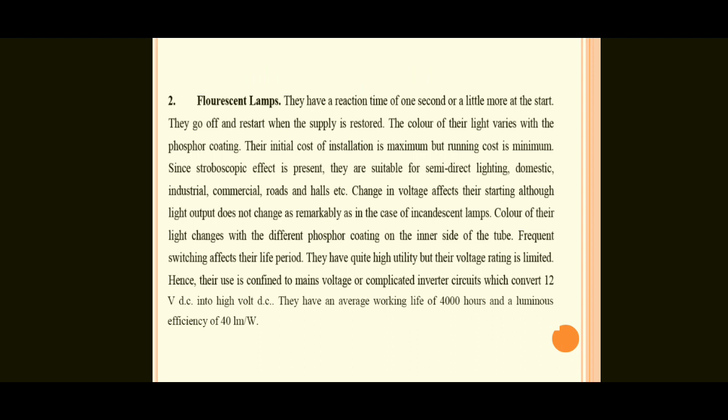Compared to incandescent lamps, the fluorescent lamps have less input power. Next, the running cost is minimum. The stroboscopic effects are present.